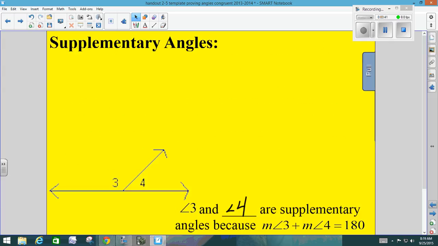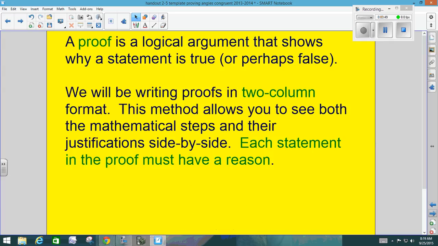So using complementary, supplementary, adjacent, vertical angles, we're going to be proving angle theorems today and using them. Remember, a proof is just a logical argument that tells you why something is true. You have all your steps, your statements on the left side, and then your reasons for each statement on the right side.